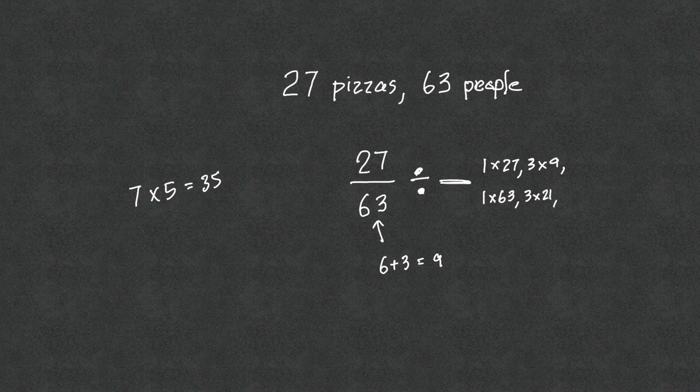Next one, 4. Will 4 go into 63? Think of your multiplication facts. No. What about 5? Well, 5 only goes into numbers that end in 5 or zeros. That won't work. What about 6?